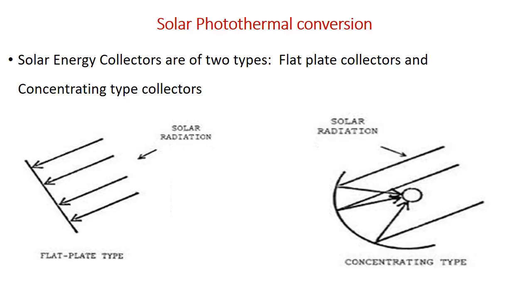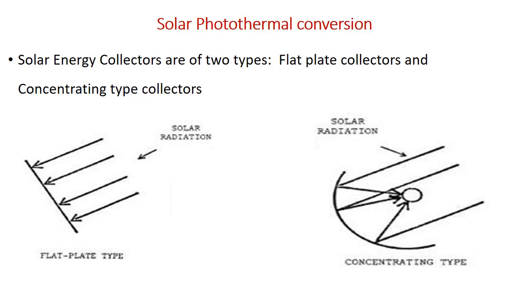Solar energy collectors are of two types: flat plate collectors and concentrating type collectors. Flat plate collectors means the solar radiation falls on the flat plate, as you can see here. It is then transmitted inside, and the water or whatever it is inside can be heated.